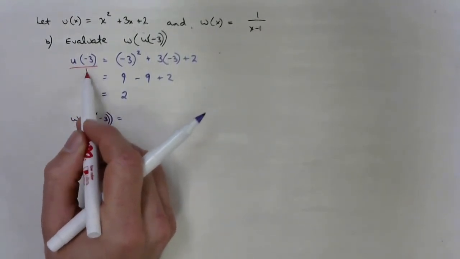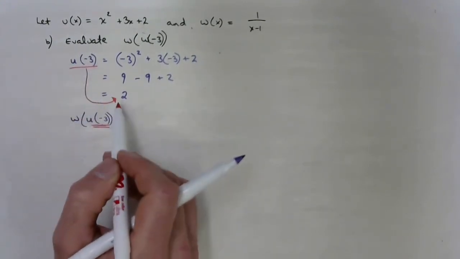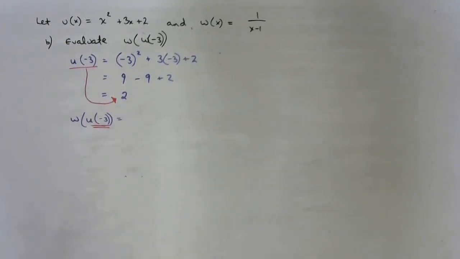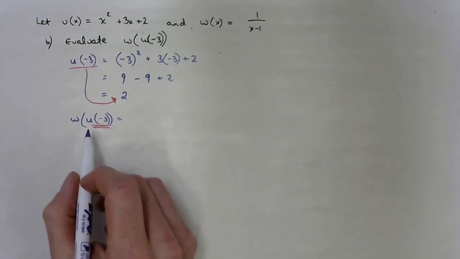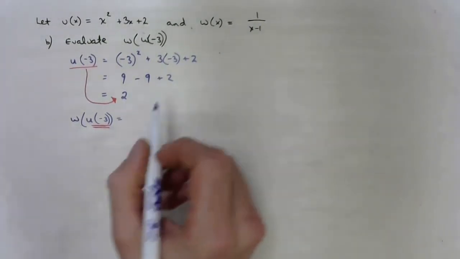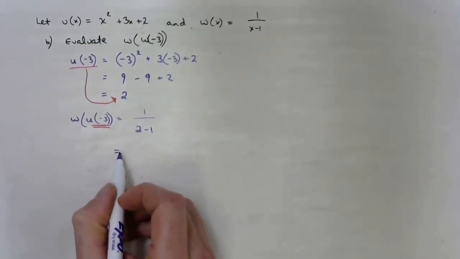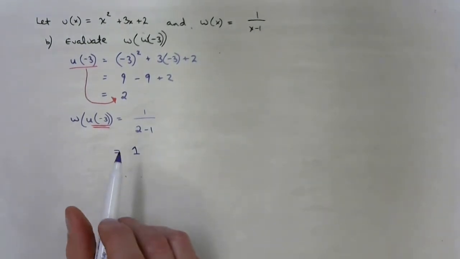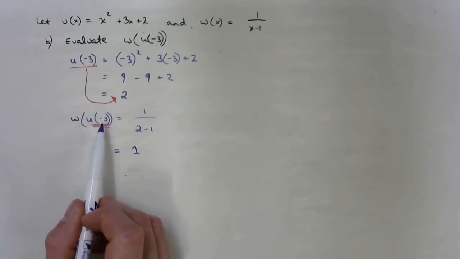U of negative 3 is 2. The value of the function at negative 3 is 2. So now that's the value that we are putting in here. Okay? So now everywhere that I see an x in the function of w, I'm going to put a 2. 1 over 2 minus 1 equals 1 over 1 equals 1. Okay? So the composite function w of u at the value of x equals -3 is 1.